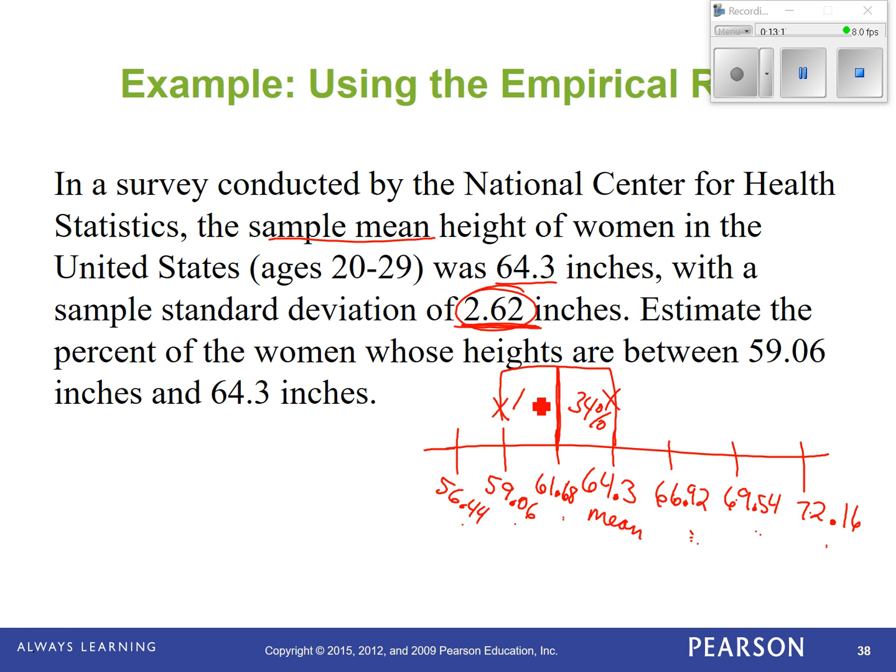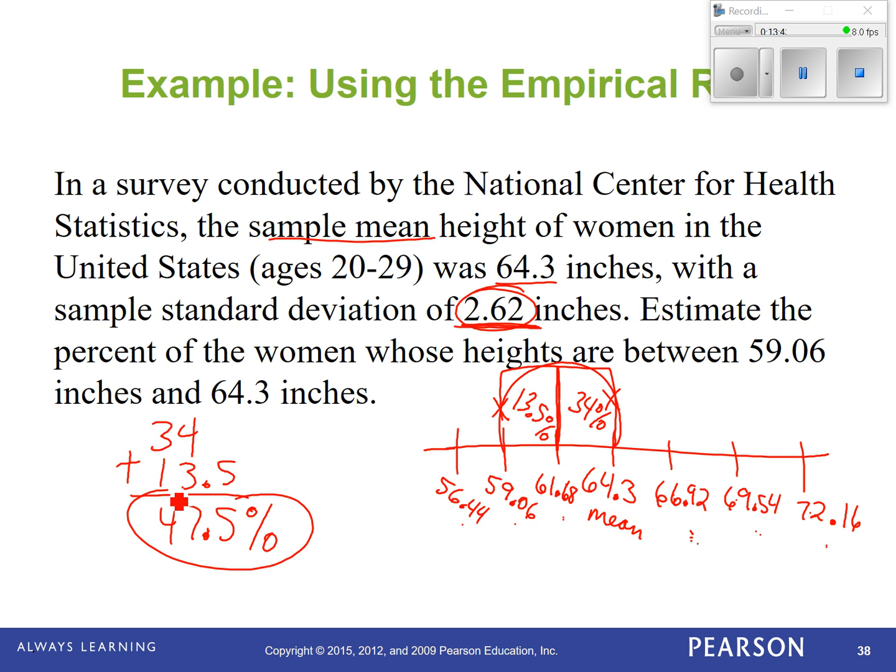So this part right here would be 13.5%. They want the estimate of what percentage of the women fall within that range. Well, all we're going to do is take the 34 and add the 13.5, and we get 47.5%.